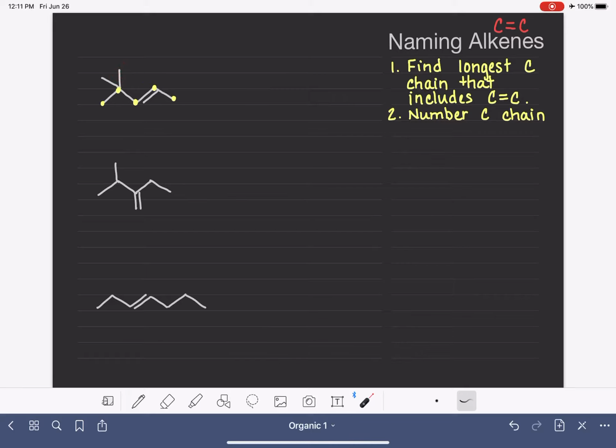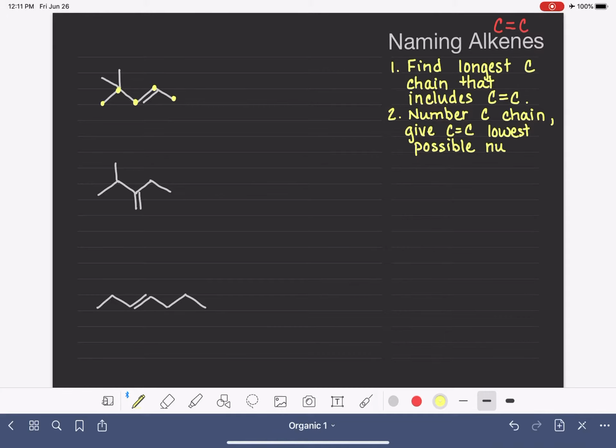With an alkene, our goal is to give the smallest possible number to the position of the carbon-carbon double bond. So it doesn't matter where our substituents end up in terms of the numbers. We want to give the carbon-carbon double bond the lowest possible number.